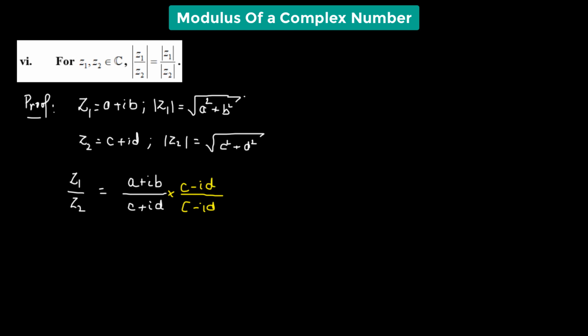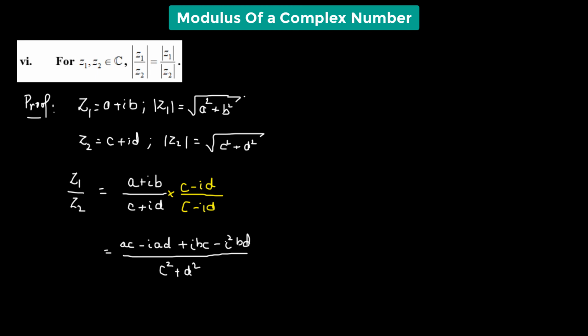Now we do the multiplication. In the numerator, it will be a multiplied to c minus id, which will give us ac minus i times ad, plus ib times c minus id will give us i times bc minus i squared bd, divided by c plus id times c minus id, which is simply c squared plus d squared.